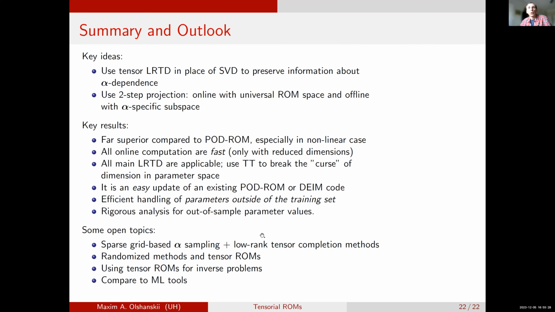So we want to have a low rank tensor approximation of this tensor without computing the full tensor first, but only randomly sampling it. And there are tools in numerical linear algebra for doing this. These are so-called interpolation or completion methods for computing low rank tensor approximation. How to use them? This is our current topic.